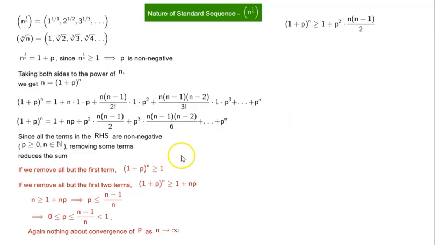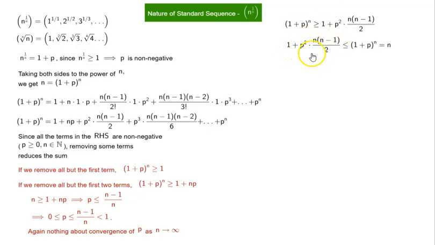Now let's take the first term and the third term, because as we have seen, the second term really doesn't help, but we carry the first term because we want to figure out how p behaves starting from 1. Now let's exchange the left hand side and right hand side. The inequality changes.